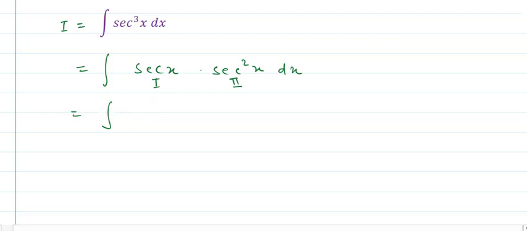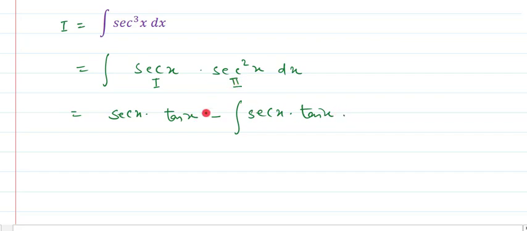So proceeding in the same way using the rule of by parts. So it is first function into integration of second, that is clearly tan x, minus integration of differentiation of first, which is secant x into tan x, into the integration of second, which we have already calculated, it is tan x.